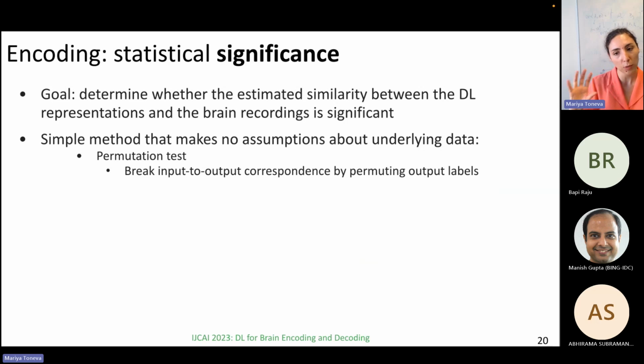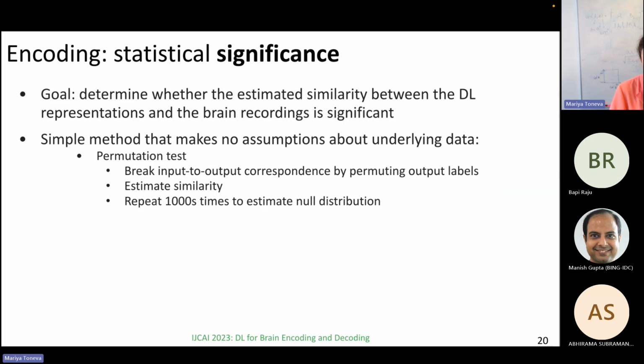So we want to permute the Ys, which are the brain activity measurements for each sample. And we're going to estimate the similarity between these permuted labels and the non-permuted inputs, which are the stimulus representations. And we do this thousands of times, which helps us estimate the null distribution of the similarity.